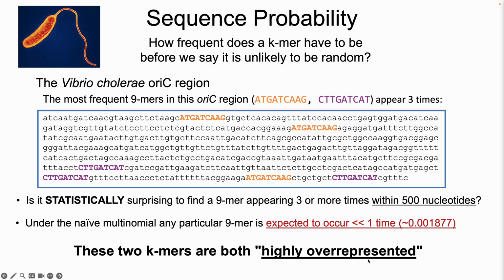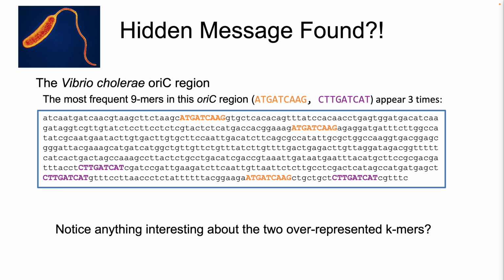So these two k-mers are both highly overrepresented. Again, backing up, see the forest, not just the trees. We're looking for a hidden message, and these patterns are way overrepresented in this region. So maybe that's our hidden message. Do you notice anything else about those two patterns?